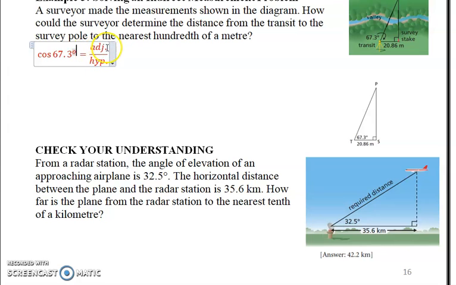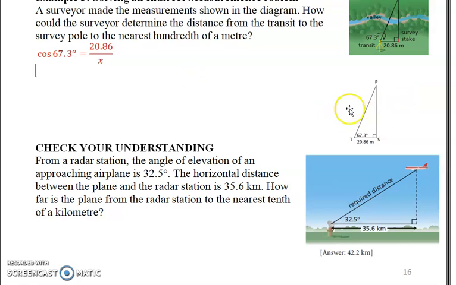The adjacent side is given as 20.86, and the hypotenuse is what we're looking for. Again, you can call it x if you want, you can call it TP, it doesn't make a difference. You can call it lower S. It's completely up to you how you pick that, but if you're going to pick lower S, just make sure you put an S here, that's all.